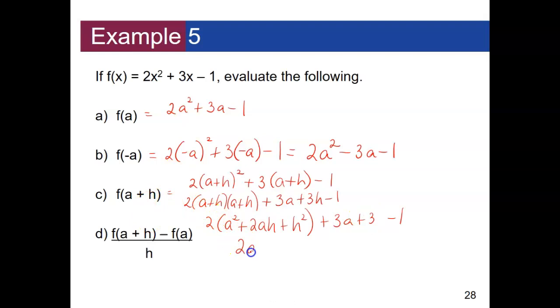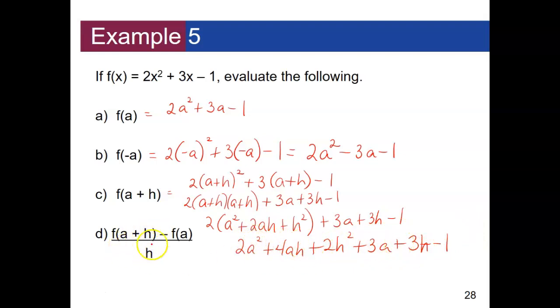So this gives me 2a squared plus 4ah plus 2h squared plus 3a plus 3h minus 1. And that would be our answer because we don't have any like terms that we can combine together.